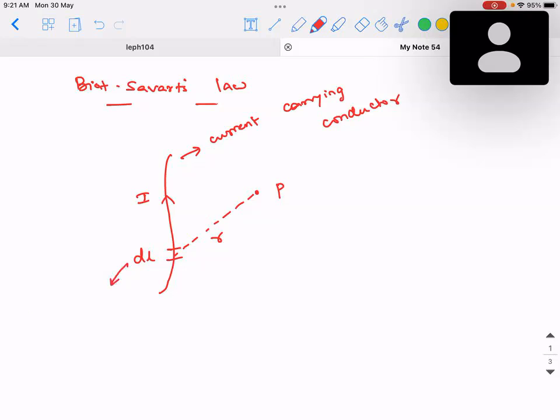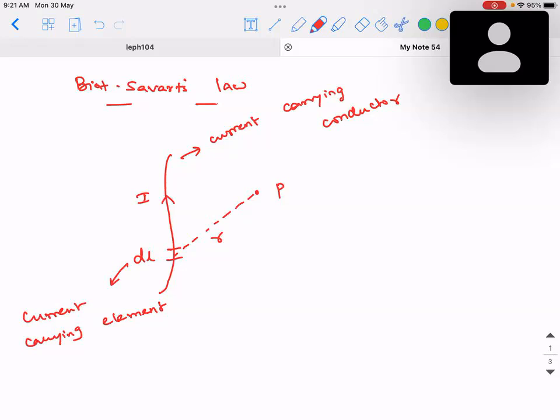This dl is also current carrying something, but what is it? It is called a current carrying element because it's a small piece. The point P is the place where you are trying to calculate the field. From dl to point P, the distance is r.